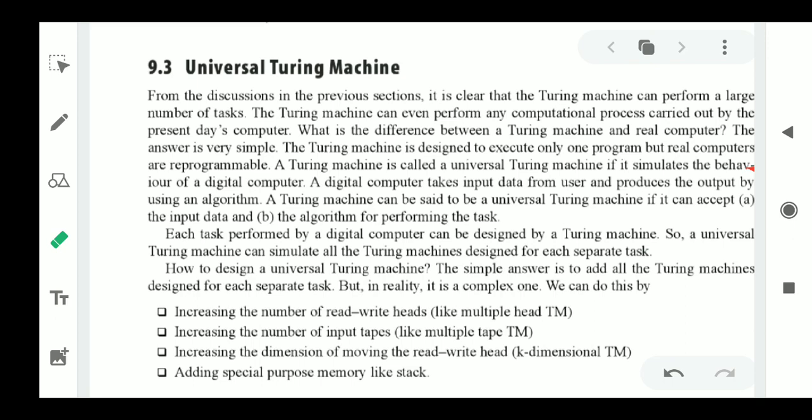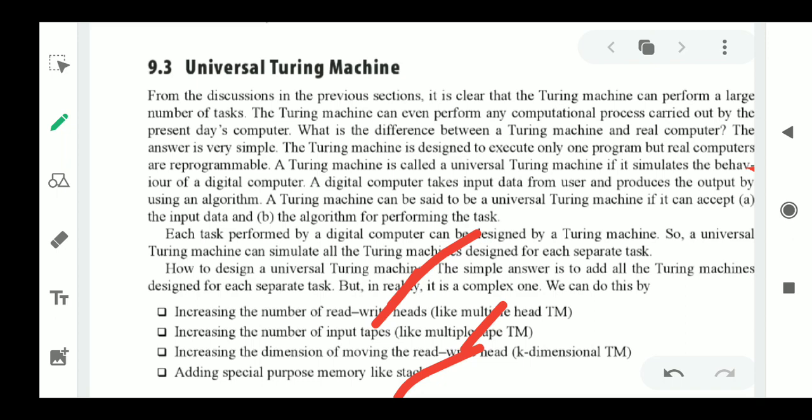Then, what are the steps we need to take while designing a universal Turing machine? These are the possible steps. In a normal Turing machine, we have only one read or write head, only one input tape, only one dimension, and only one stack; everything is a single thing.